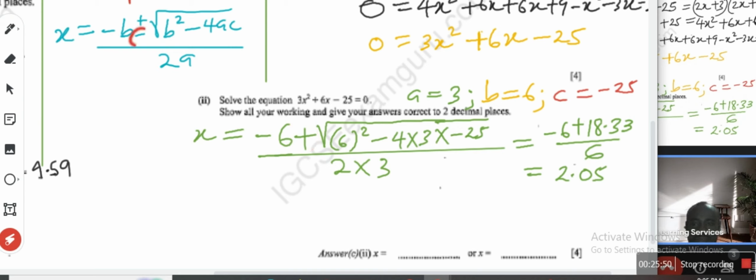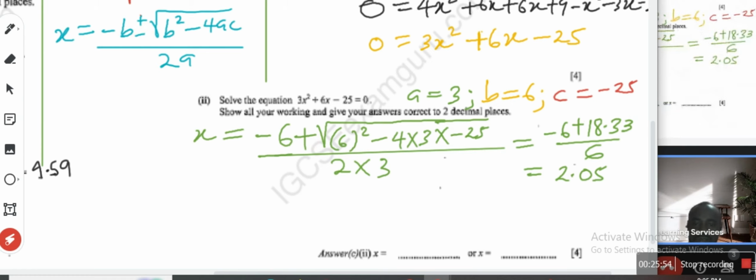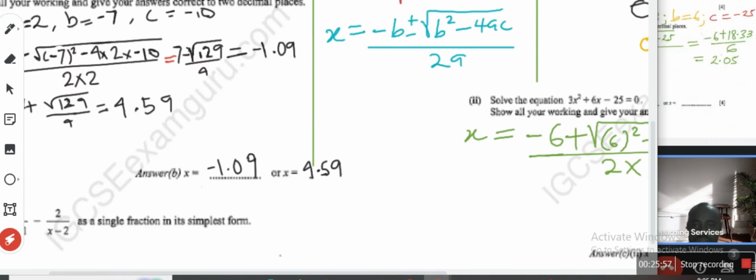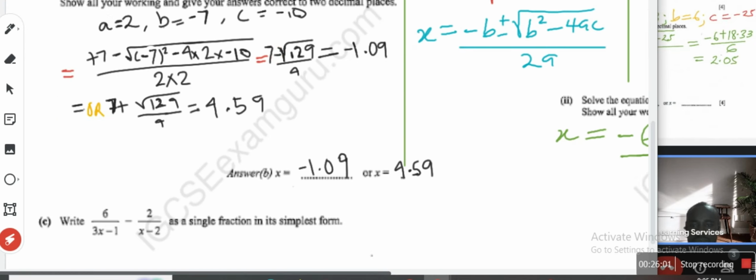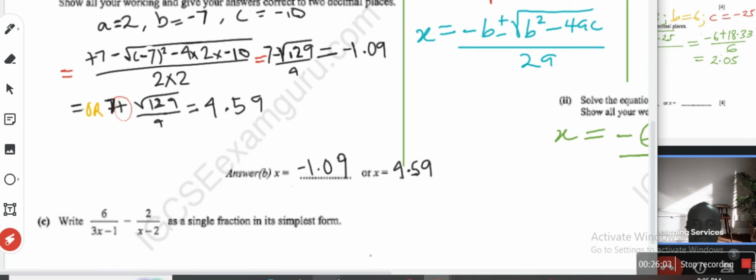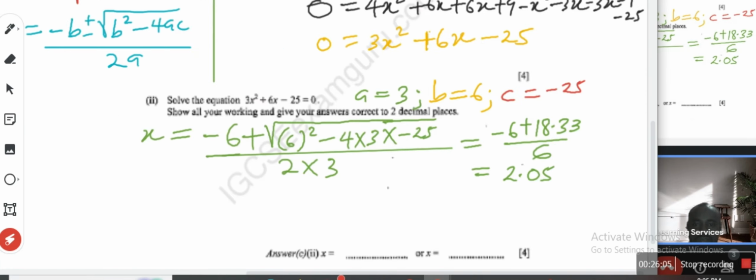So let's apply the minus. You can start with anyone. You can start with the minus first, like you did. I think the previous one you did the minus first before you did the plus. Okay, so here I decided to do the plus first, so we do the minus now. So x is this, or x is this.